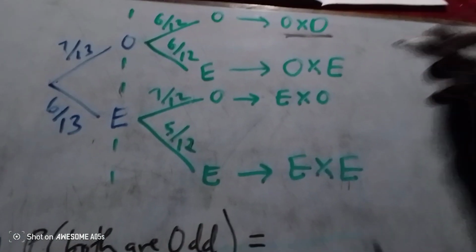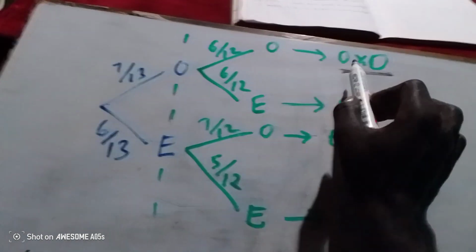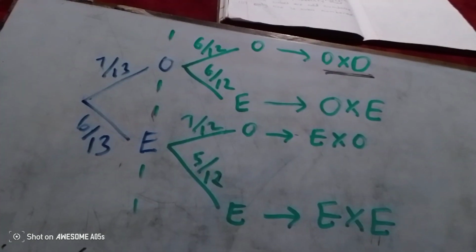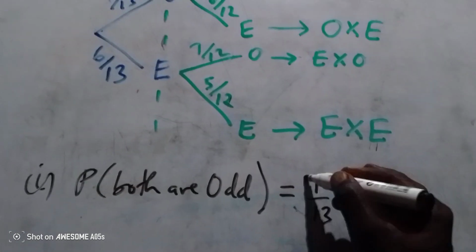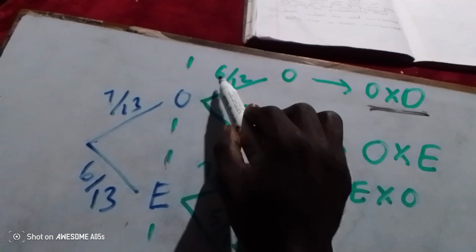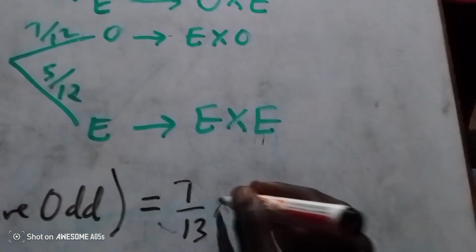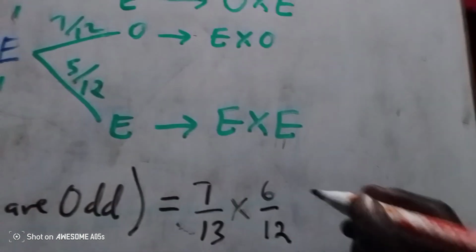We only have one probability, which is here. Make sure this is O and O. What was the first O? It was 7 over 13. Then the next O was 6 over 12. So times 6 over 12.